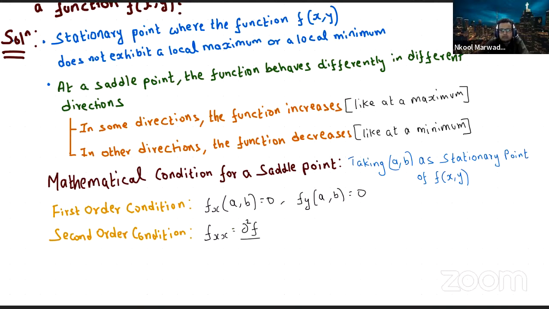Then f of yy, the double derivative of f with respect to y. Then f of xy, the double derivative of f with respect to x and y. Then we will calculate the Hessian determinant d.